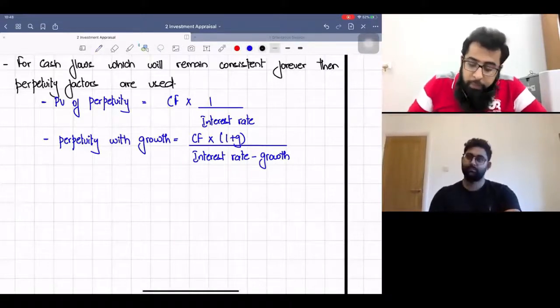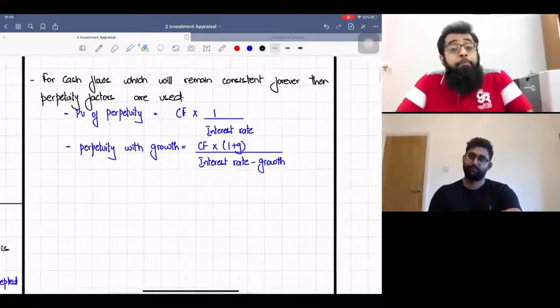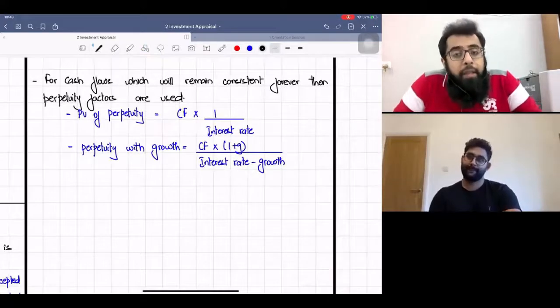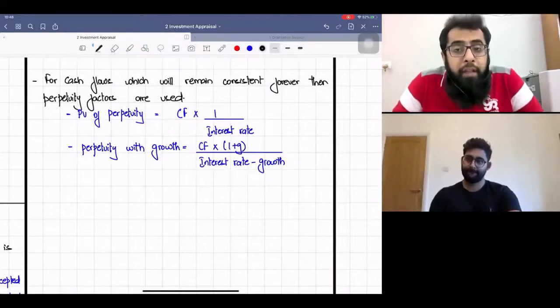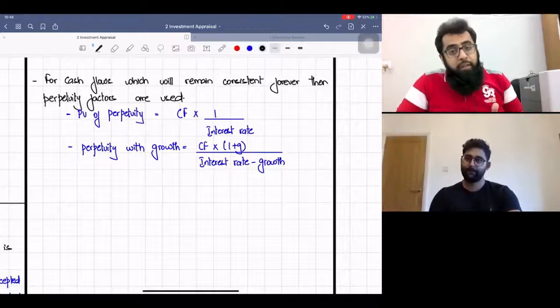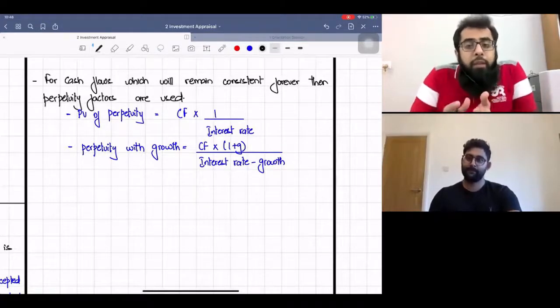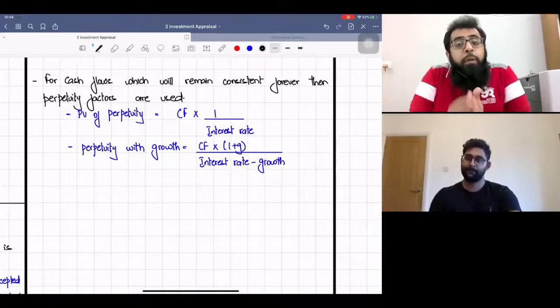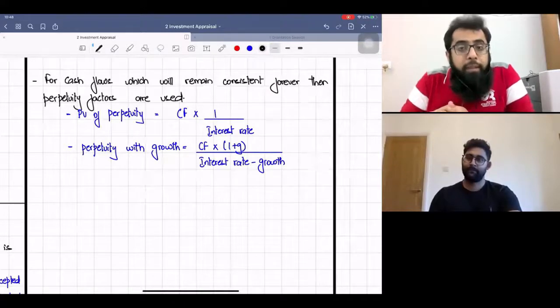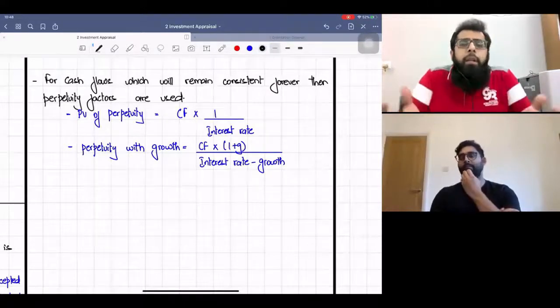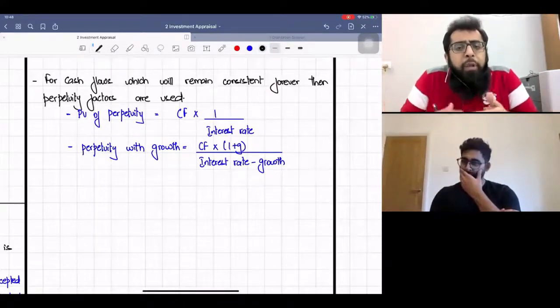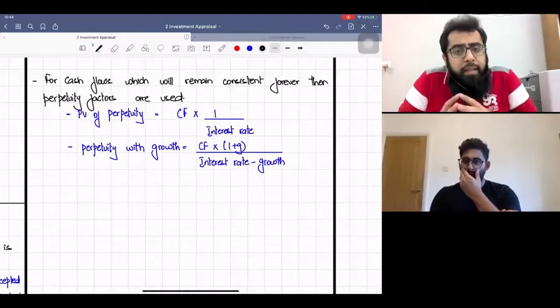Then you need to remember that if there is any working capital investment, we need to have working capital investment at the start of the year. And the general assumption is that working capital investment will be recovered at the end of the project. Okay, so working capital investment can include investment in inventory, investment in debtors, and things like that.